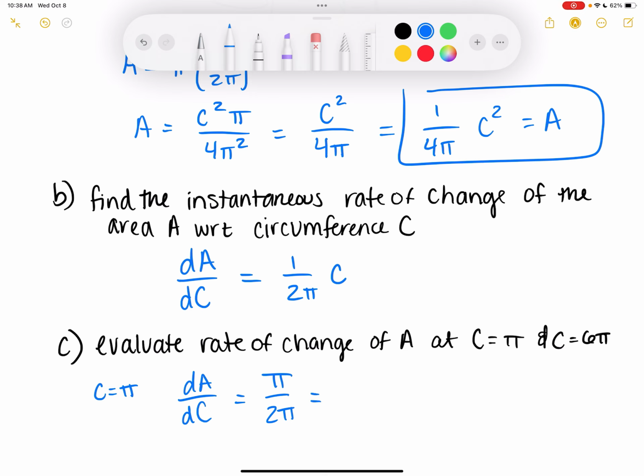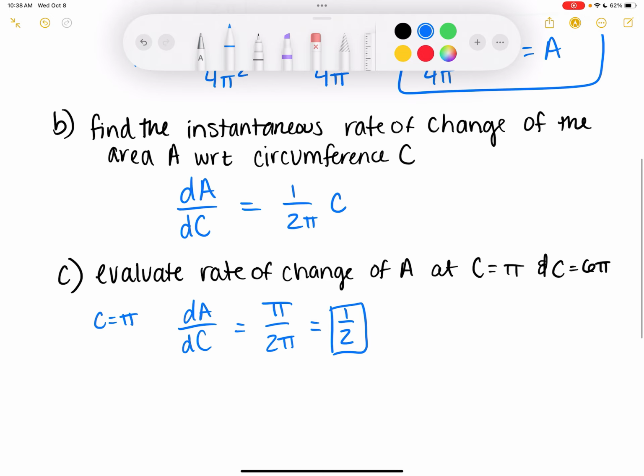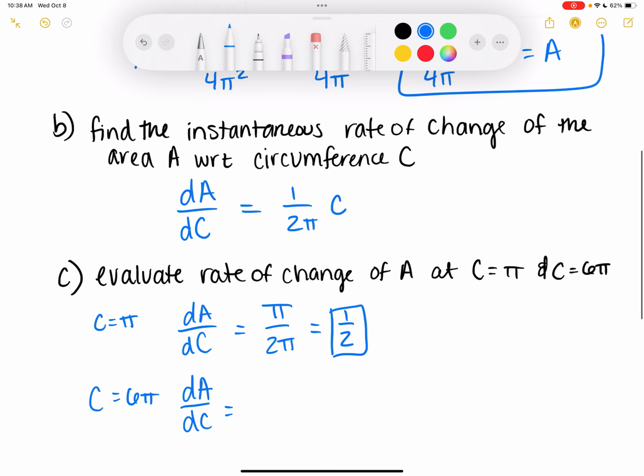Pi obviously cancels, so that would be 1/2. And then at C equals 6 pi, dA/dC is equal to 6 pi over 2 pi, which would be 3.